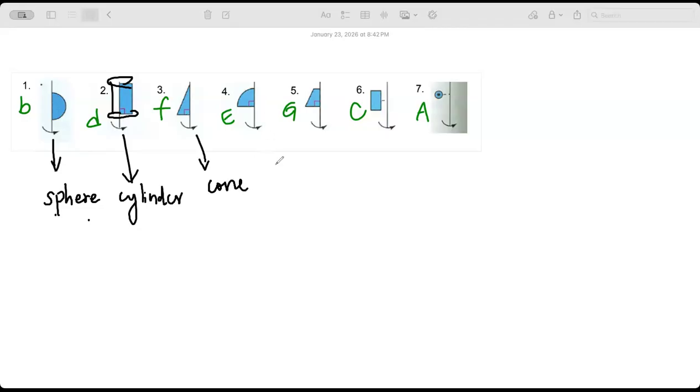Cone. Good job. This one? That's a tricky one. Semi-sphere? Do you call it a semi-sphere? What do you call it? Hemisphere. Half a ball, right?